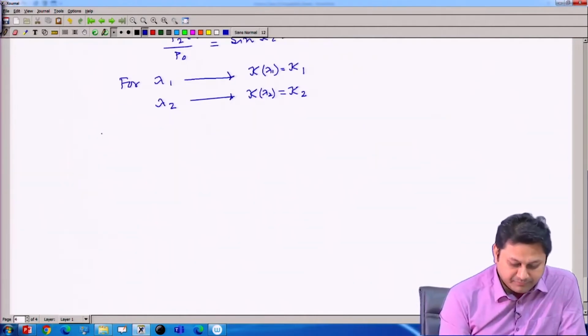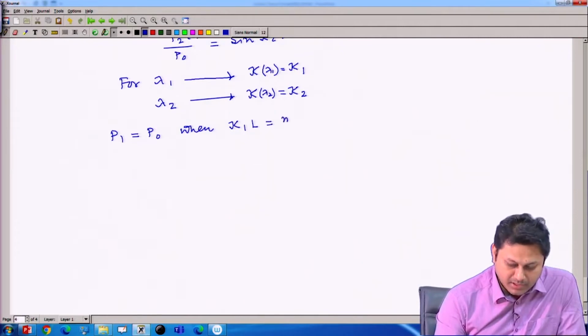For example, P1 will be equal to P0 when kappa 1 L is equal to m pi.